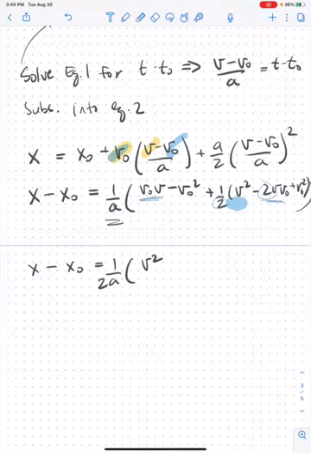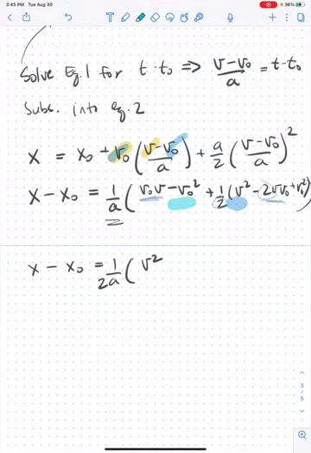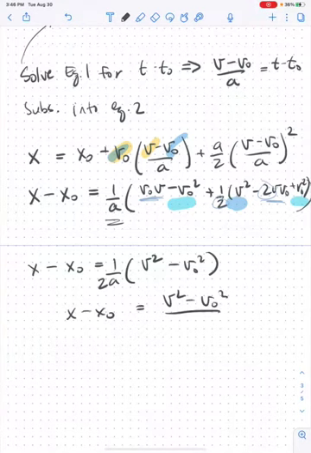And then lastly, I have v naught squared here, that's negative, plus a half v naught squared, so that's going to be minus v naught squared over 2, but I've pulled out my factor of 1/2, so it looks like this. Okay. Sorry, I got a little bit messy on that algebra, but if you check it, you should find the same thing. So we often write this as x minus x naught equals v squared minus v naught squared over 2a.